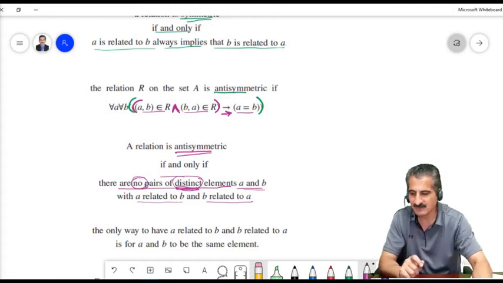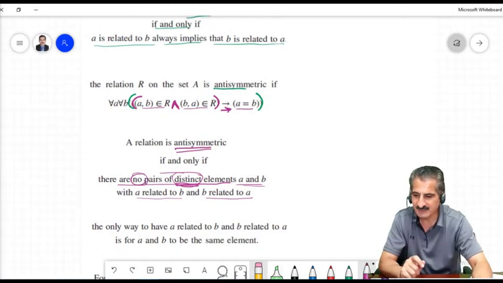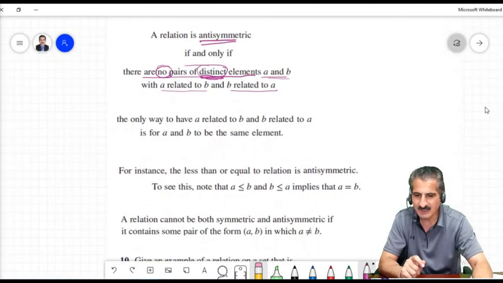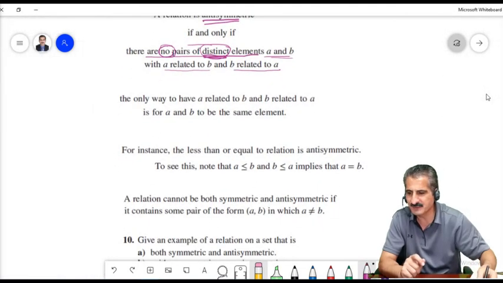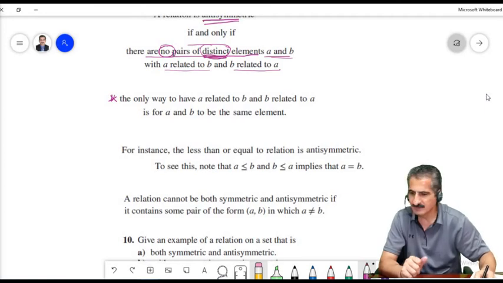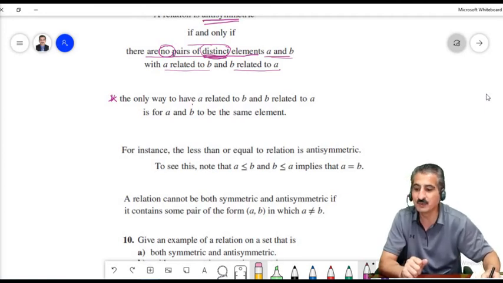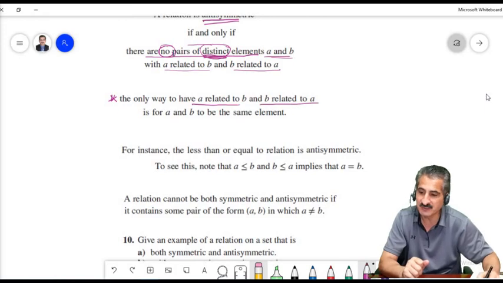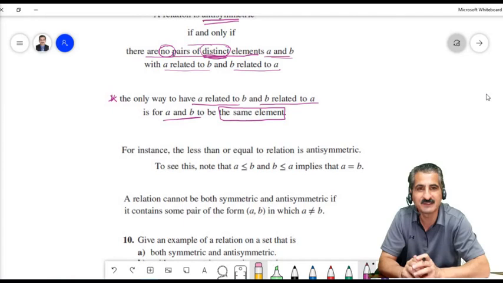Okay? So this is called antisymmetric. And this is also to explain what antisymmetric is. It says the only way to have A related to B and B related to A is to have A and B be the same element. So I think now this is enough explanation of antisymmetric.